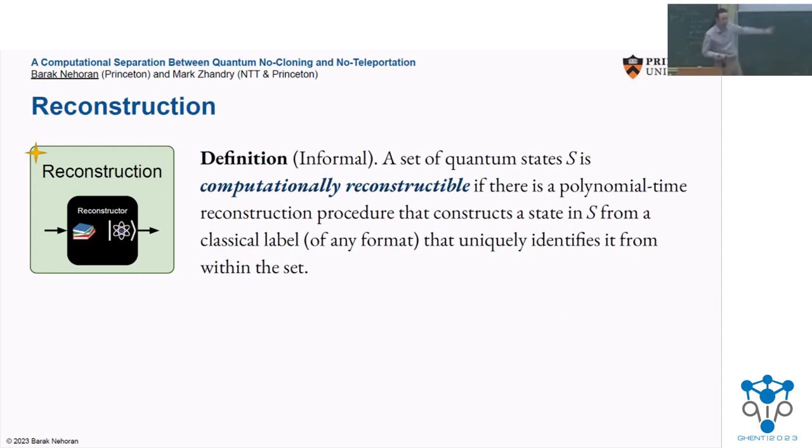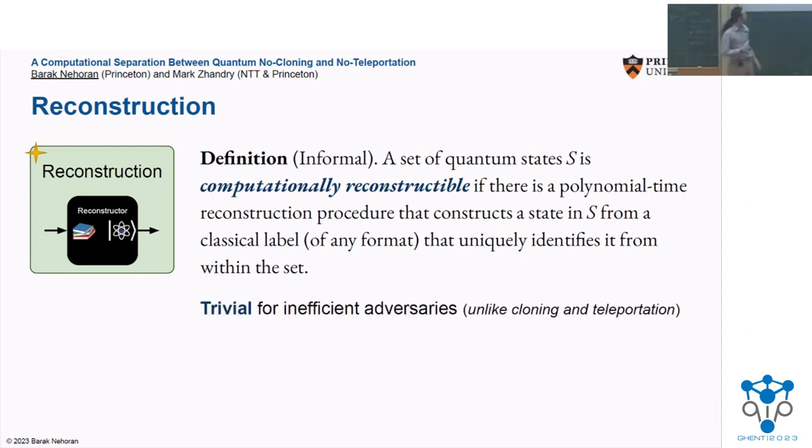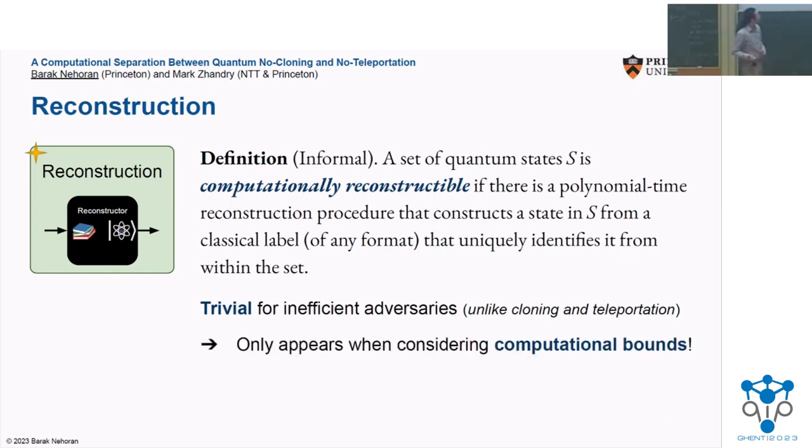Specifically, we can define it like this, but the important thing to note is that this reconstruction task is trivial for efficient adversaries, very much unlike for cloning and for teleportation. And what that means is it only appears when you consider computational bounds. And there's no corresponding no-go theorem. So there's no such thing as a no-reconstruction theorem, because for unbounded adversaries it's trivial.